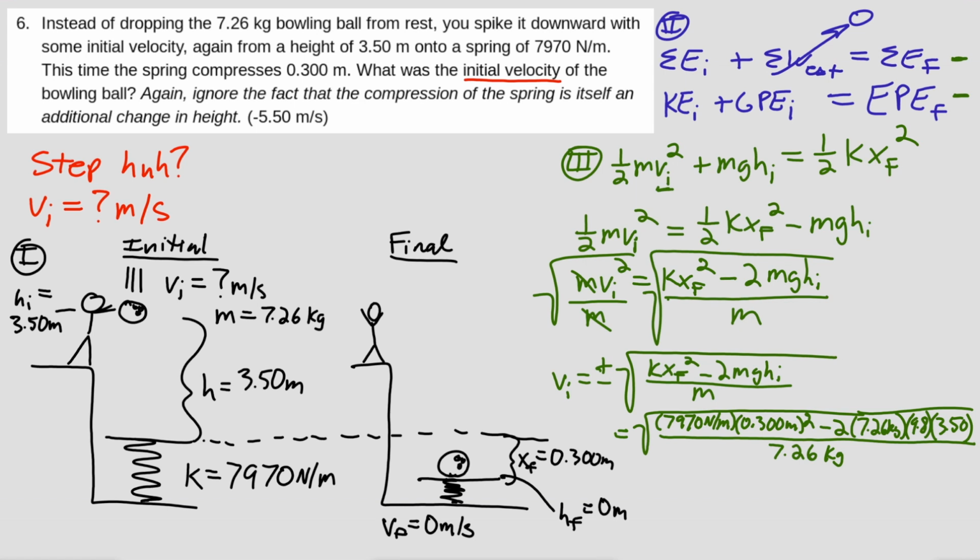So basically, in your calculator, you want to do all of that stuff, and then at the end, take the square root. Make sure you're doing this all carefully. If you're having trouble, do each of the pieces one piece at a time. Do the 7970 times 0.3 squared. Get a number for that. Subtract 2 times 7.26 times 9.8 times 3.5. Get a number for that. Get an answer for the whole top, the whole numerator, and then divide it by 7.26.